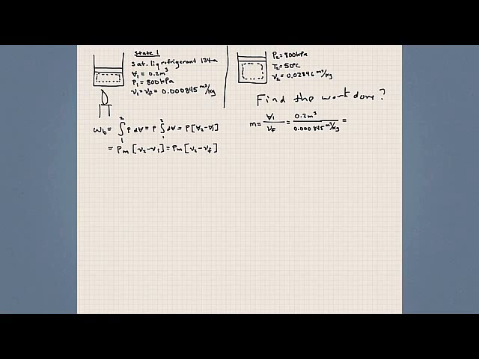So just by looking at the units, we can see that the meters cubed cancel. The kilogram comes up to the numerator, and if we divide these, we have that this closed system has a constant mass of 236.6 kilograms.